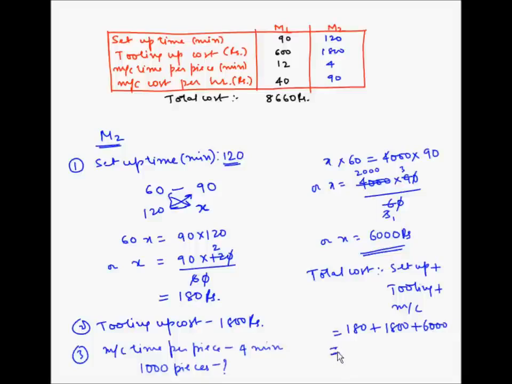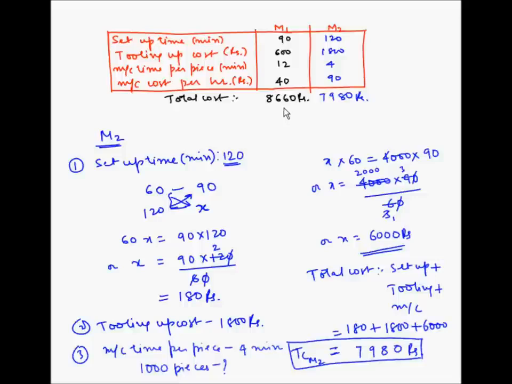So this is equal to 0 plus 0 plus 0 is 0, 8 plus 0 plus 0 is 8, 1 plus 8 is 9, plus 0 is 9, and 6 plus 1 is 7 rupees. So the total cost for processing 1000 pieces on M2 is 7980 rupees. So the total cost here is 7980 rupees.